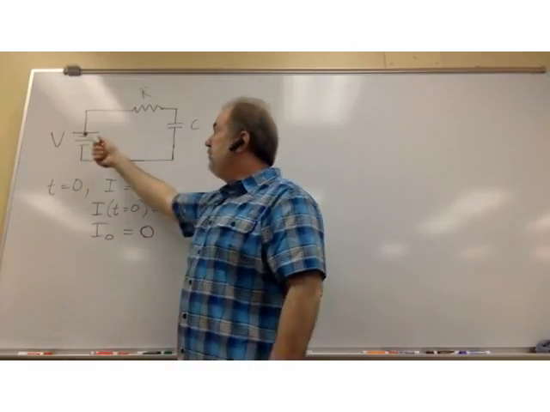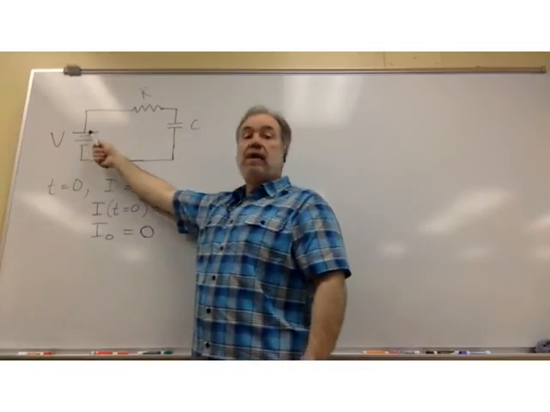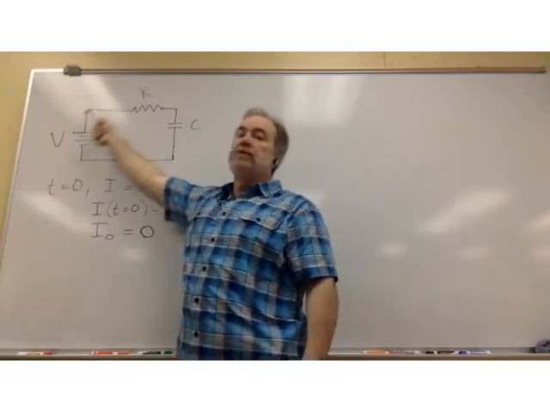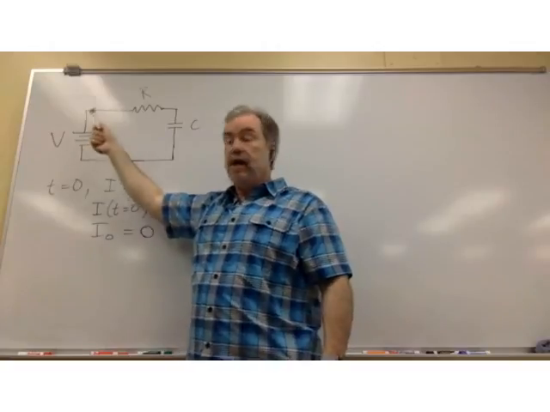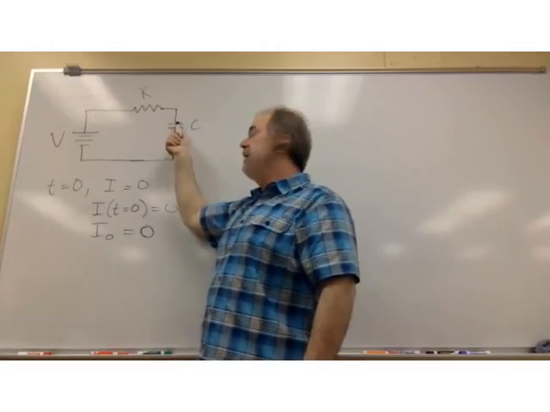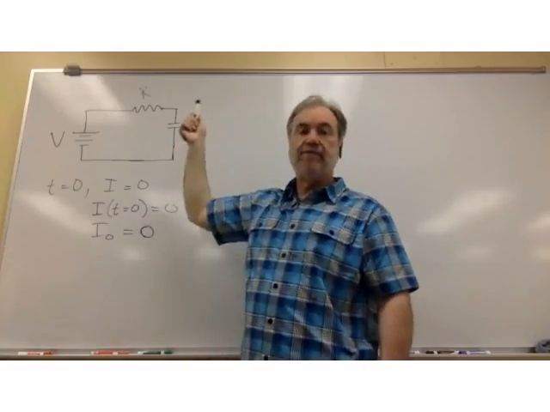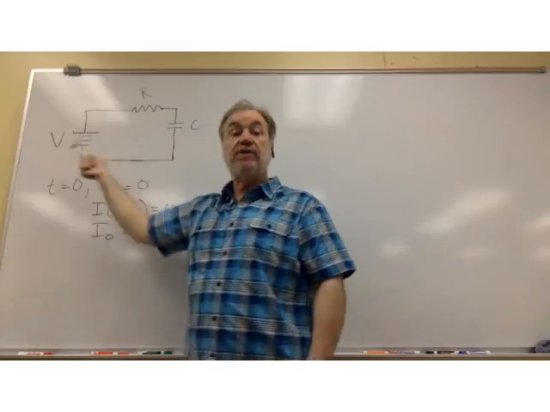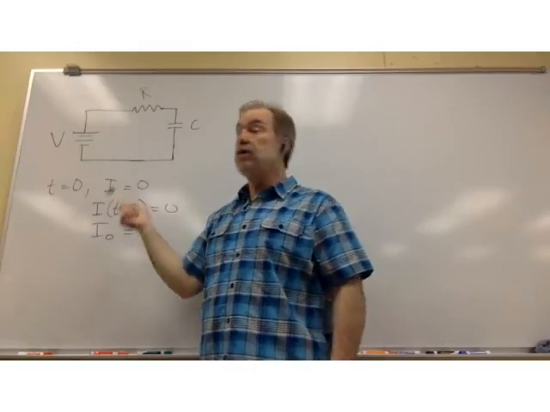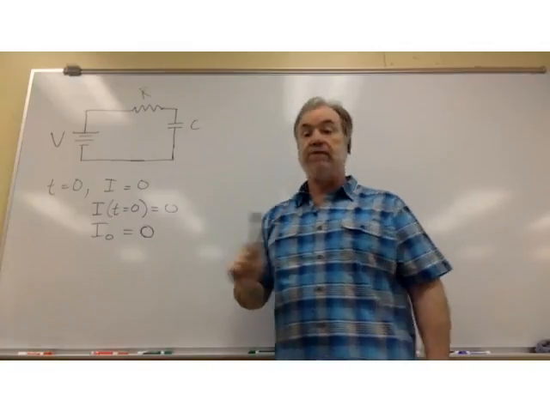What happens is that, in physical reality, the positive side of the battery will attract negative charges from the top of the capacitor, and so the top plate of the capacitor loses negative charge. This is physical reality, by the way, not our convention. The top plate loses negative charges and thus becomes overall positively charged.